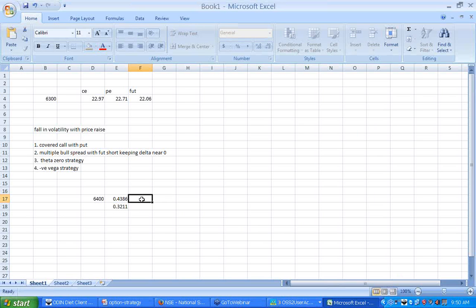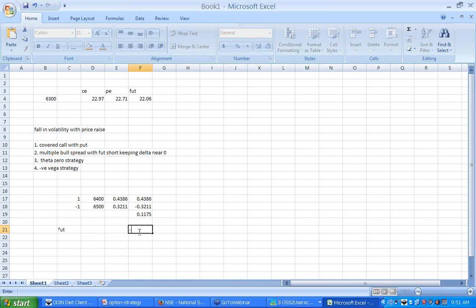So I am buying the 6400, and I am selling the 6500. So this delta will become negative. So net, with one lot buying and one lot selling, I am just adding up a delta of 0.11, and the future, all of you will know, will have a delta of 1.